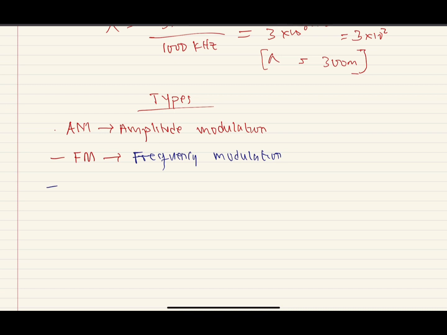And lastly, when you are changing the phase of the carrier signal with respect to the instantaneous change of the message signal, then we call it PM, which is phase modulation.